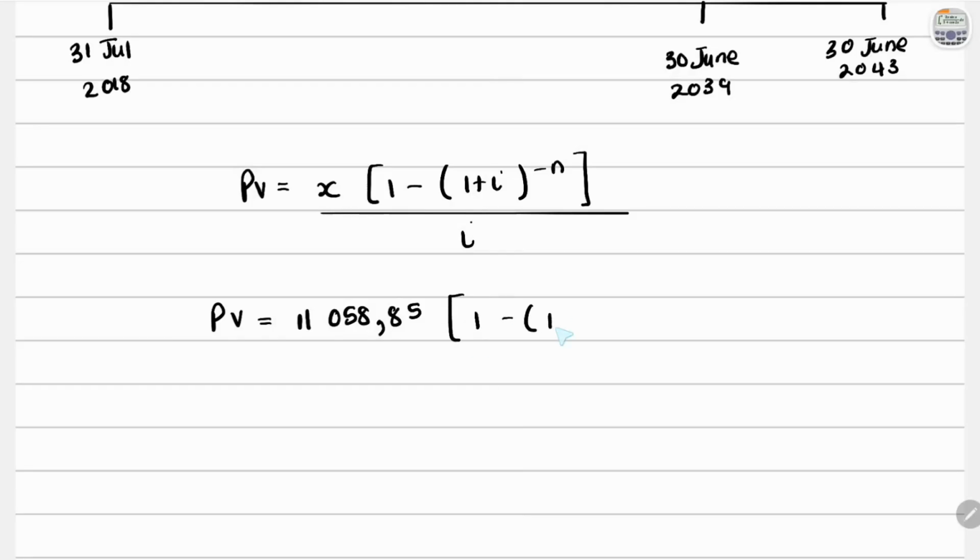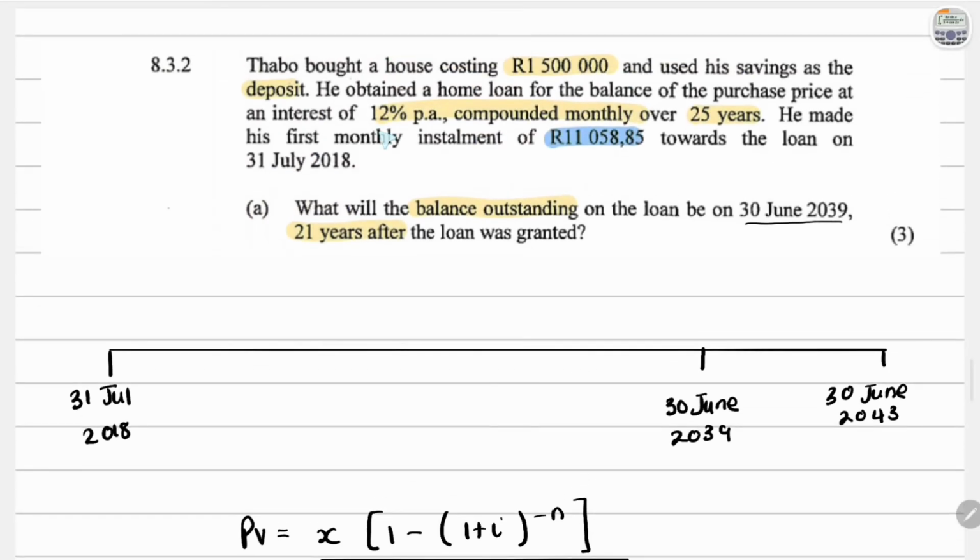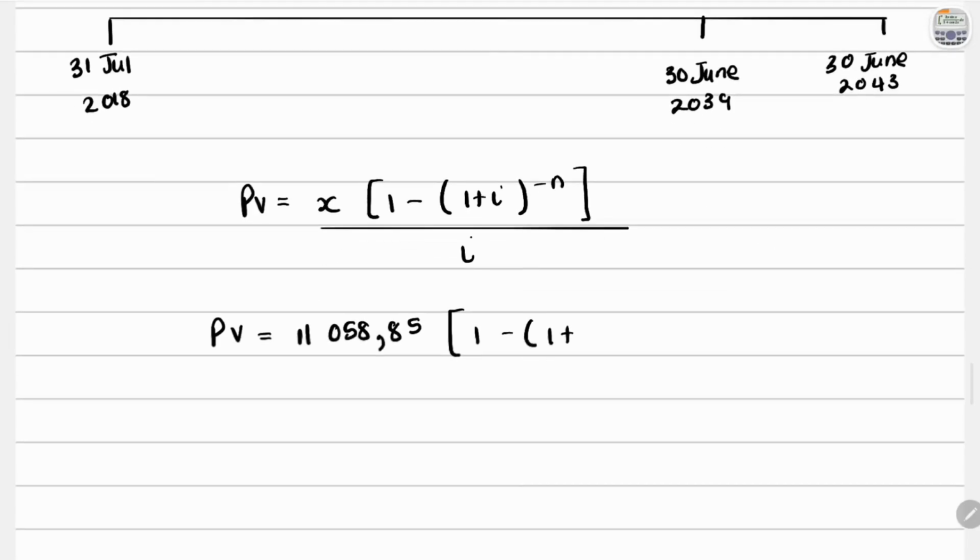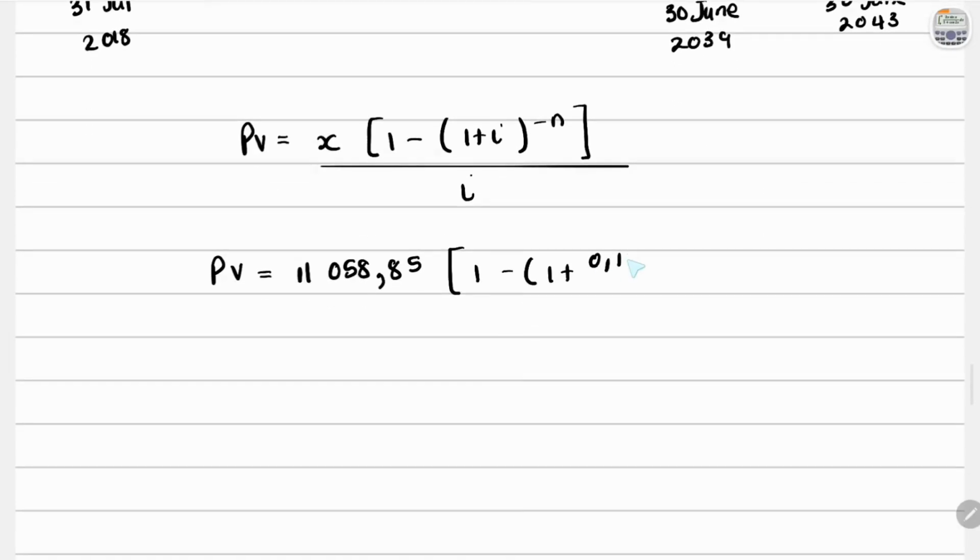Then we have 1 minus 1 plus, and the interest on this account is 12% per annum compounded monthly. So that is 0.12 over 12 raised to the power of, now this part is important, you see with a negative n. In present value, what this stands for is the number of payments that still need to be made, or the number of years or months you still have to go, depending on the compounding.